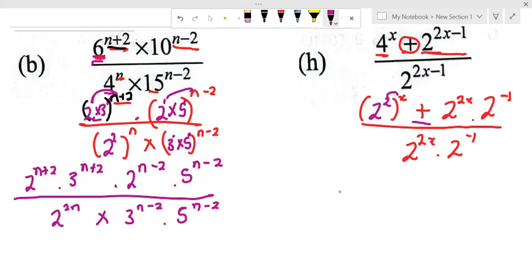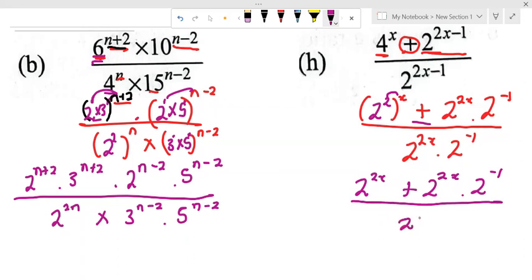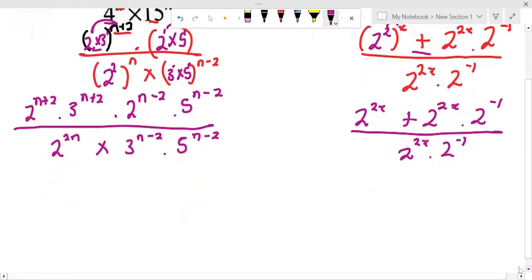So we can then say, okay, but now this one multiplied by this one, it's going to give us 2 to the power of 2x plus 2 to the power of 2x multiplied by 2 to the power of minus 1. This is going to be written all over 2 to the power of 2x multiplied by 2 to the power of minus 1. So as you can see, guys, our questions are more or less the same. There's nothing that much different between the two of them. But as we move on, we'll start to see something different.